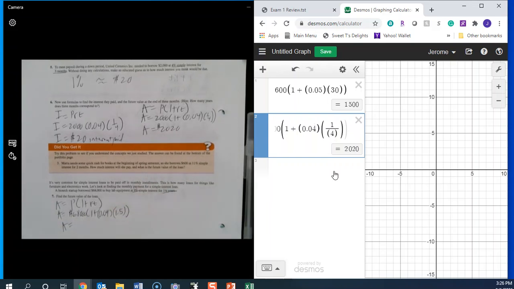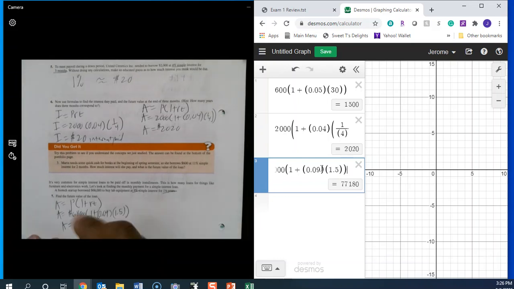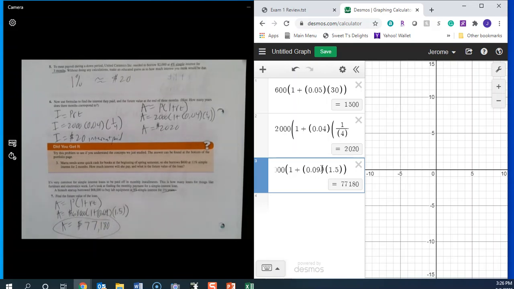We can put all this in our calculator. 68,000, parenthesis, 1 plus, parenthesis, 0.09, close the parenthesis, open the parenthesis, 1.5. All right. So the future value would be $77,180. Yeah, that's a nice amount of money there.